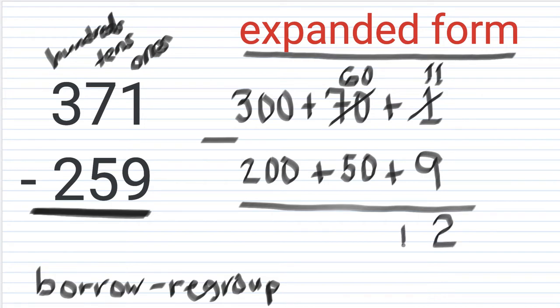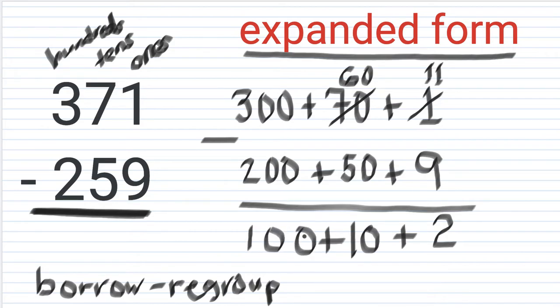Now 60 minus 50, that gives you 10. Okay, that's good. And here, 300 minus 200, that gives you 100.